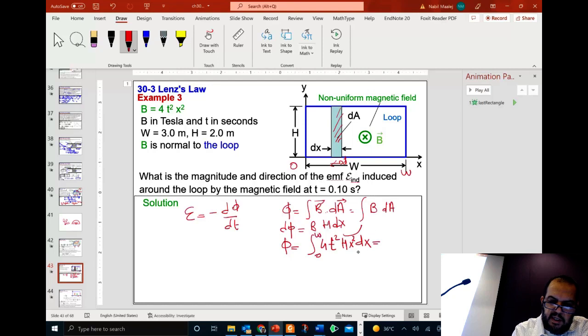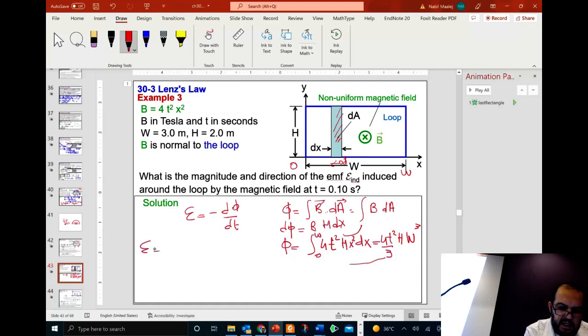So what is this? Let's take 4t squared h. The integral of x squared is x cubed divided by 3. So this is the flux. We evaluate between 0 and W, so this will be W cubed. Correct? Now I can replace this in this equation.